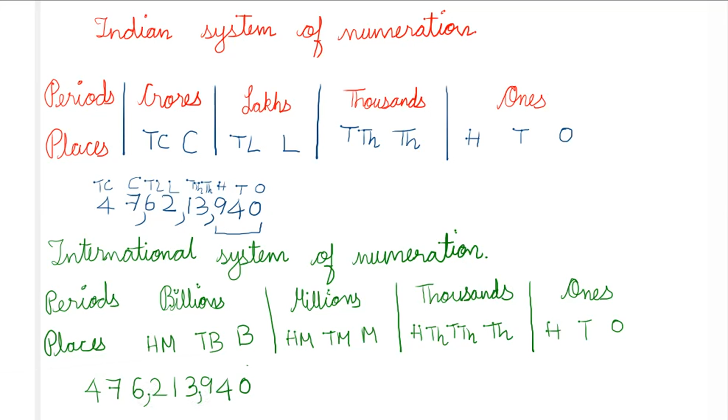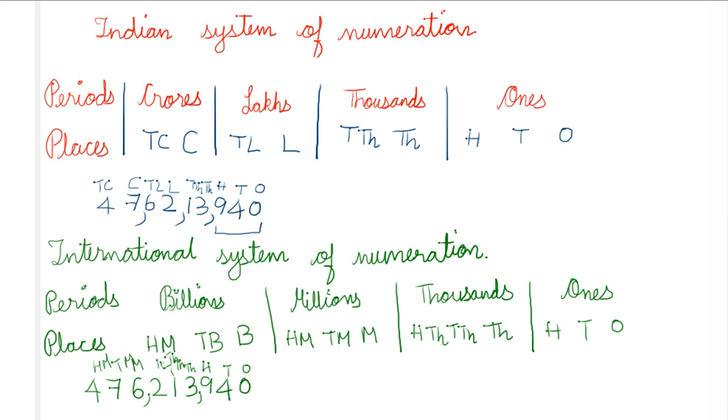So here it is ones, tens, hundreds, 1000, 10,000, 100,000 and then million, 10 million and 100 million. So this number is read as 476,213,940.